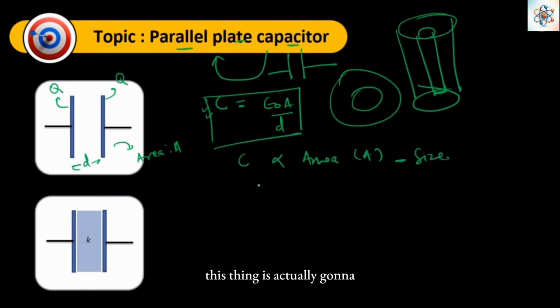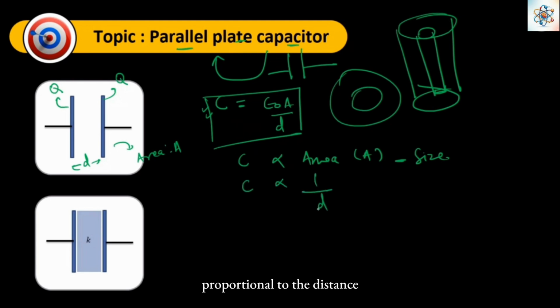This emphasizes the size of the capacitor. The more the area, the more size automatically, so the bigger capacitor we will have. And it is inversely proportional to the distance. If we reduce the distance between the plates, the strength increases. So the relation we got for capacitance is epsilon naught A by D.